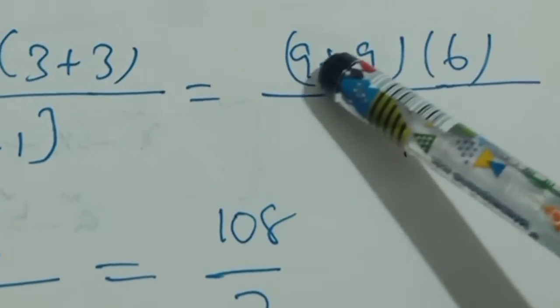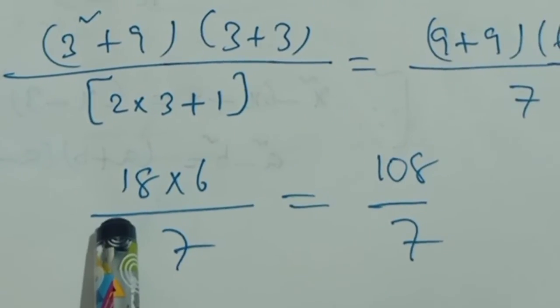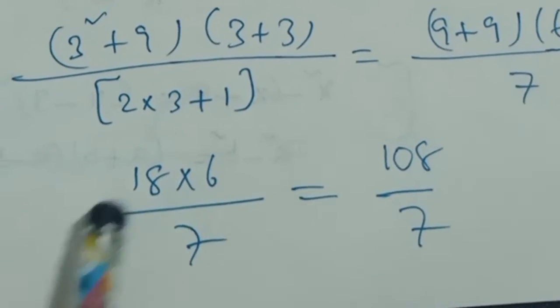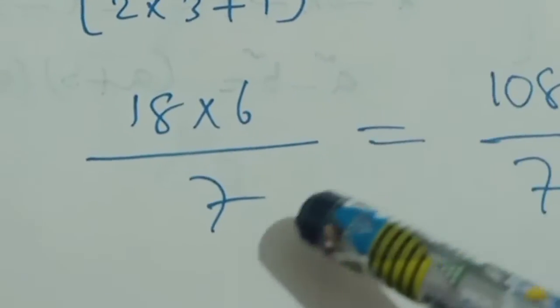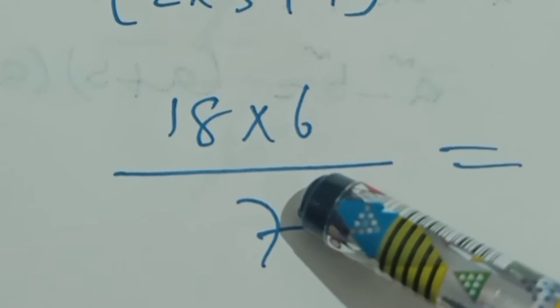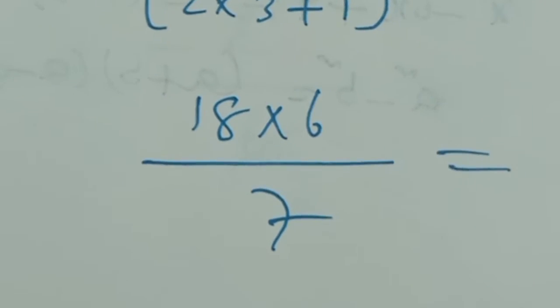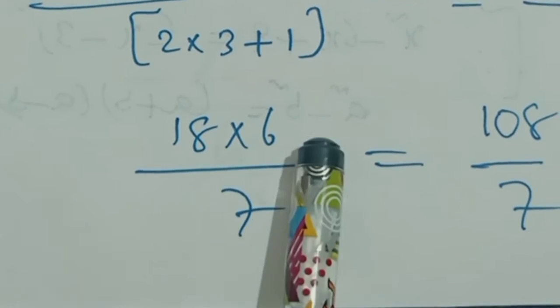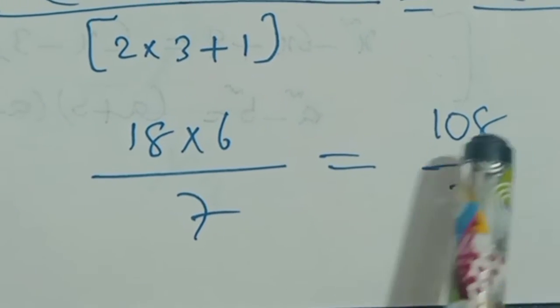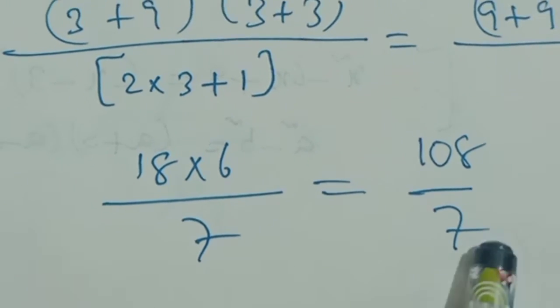Now we write 9 plus 9, 18, into 6 by 7. Is there any chance of cancelling here? No chance. So finally 18 into 6 gives 108 by 7. It is the final answer.